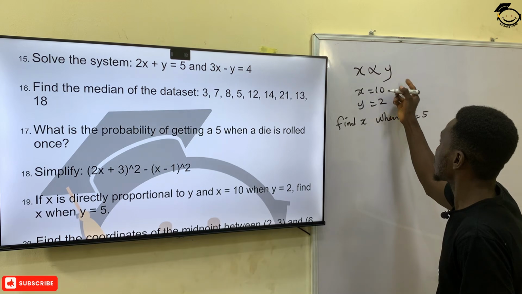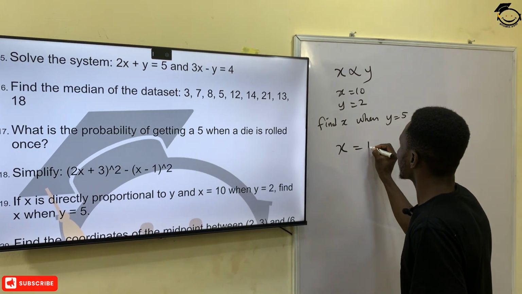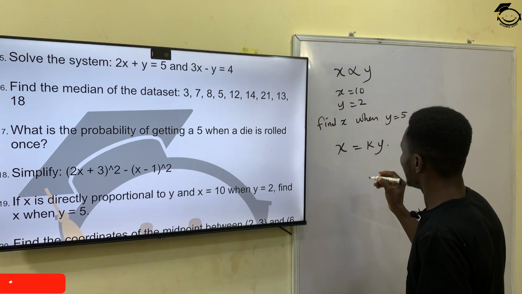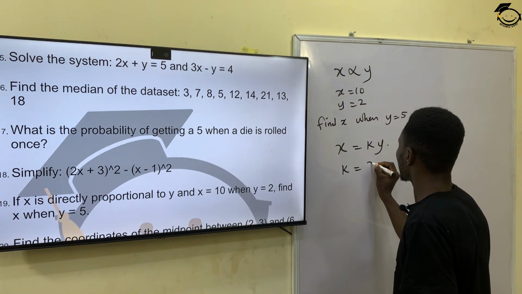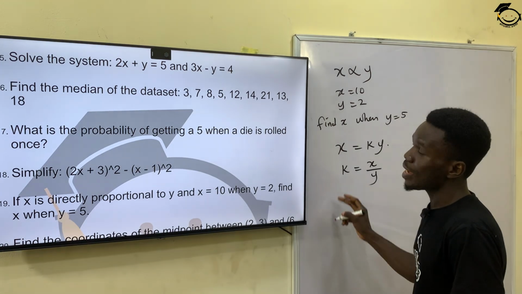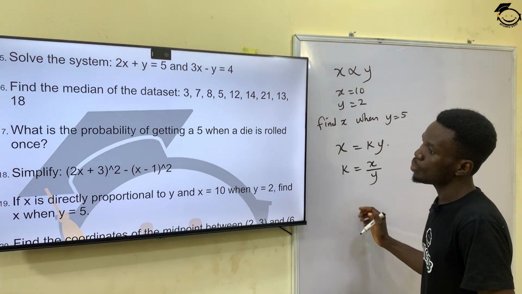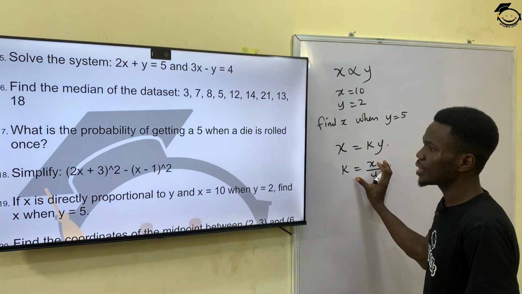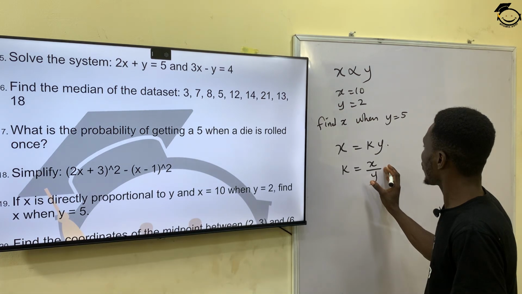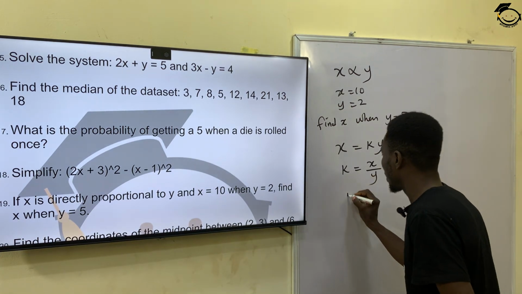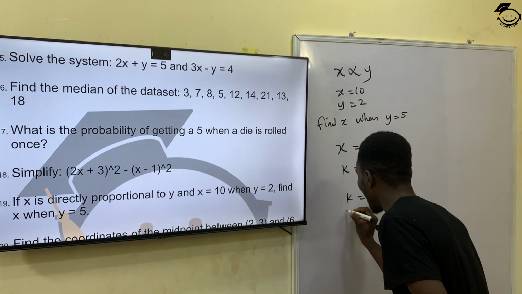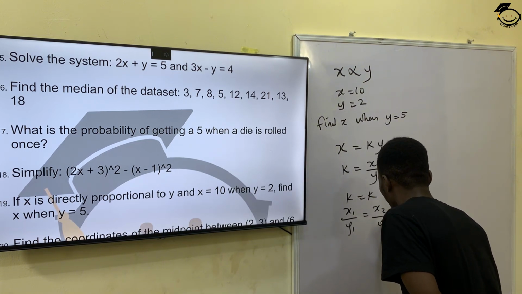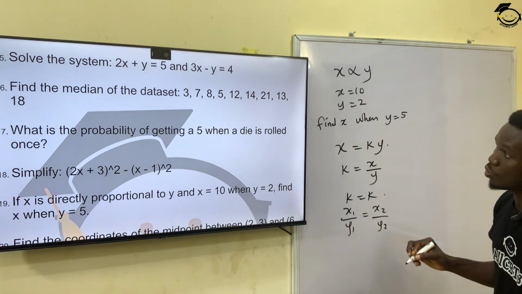So if my x is directly proportional to y, this means that my x is equal to ky. If that is the case, it means that my k is equal to x over y. And the simplest way to solve this question is to bring out different values of x and y. Since k is equal to k, this means that x1 over y1 is equal to x2 over y2, because k is a constant, which means it will not change.